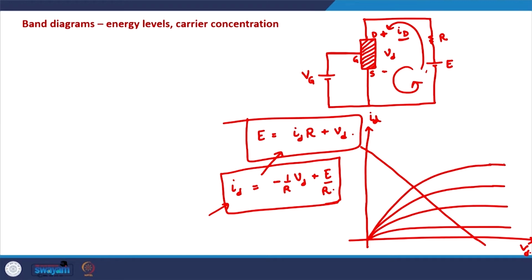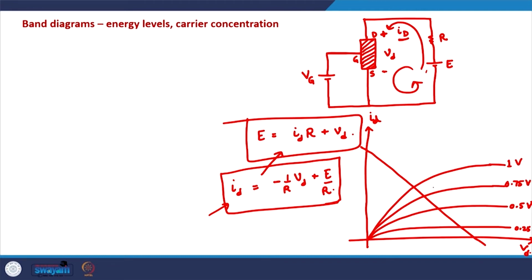Let us have a basic idea, not in real numbers. These are at various Vg values. Here the Vg value is 0.5 volts, 0.75 volts here, and 1 volt here.